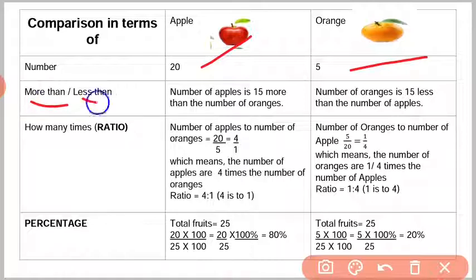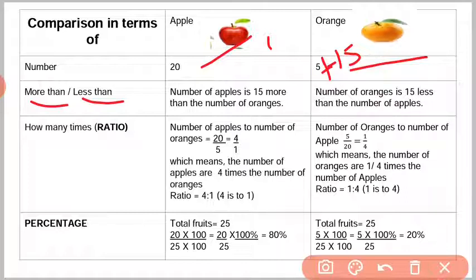In terms of more than and less than, it means that the number of apples is 15 more than the number of oranges. If we add 15 to 5, we will get the number of apples.